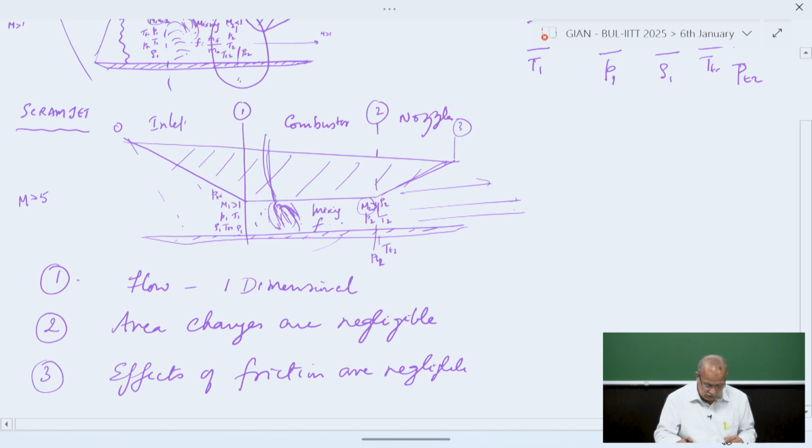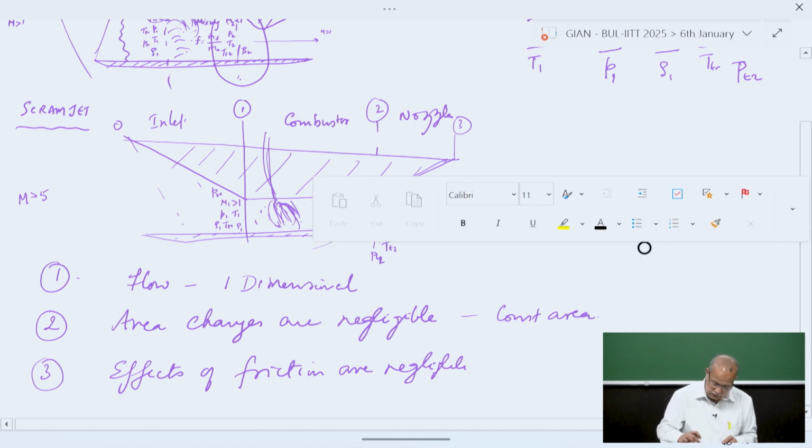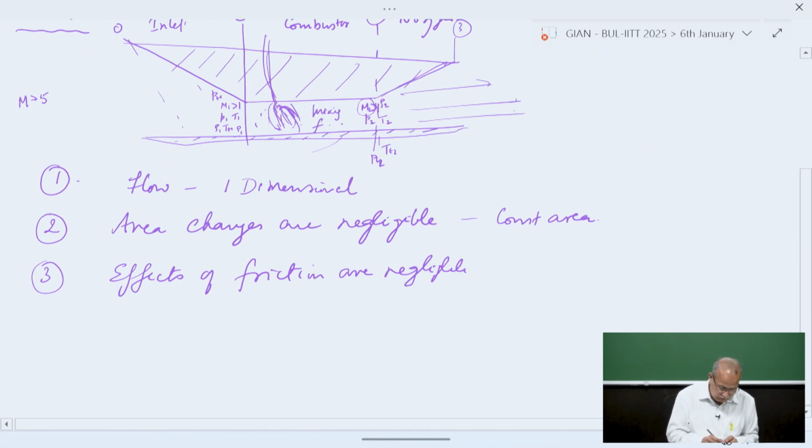The assumptions are the flow is one-dimensional and the area change is negligible, which means we are saying that the duct has a constant area. The effect of frictional forces is negligible. And then we are also assuming that the flow in the combustor is a steady state flow.